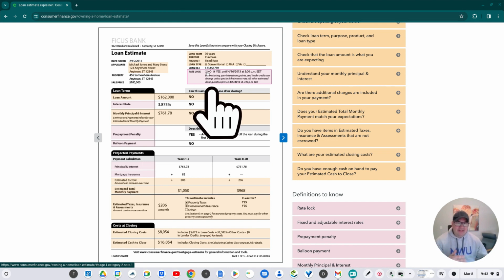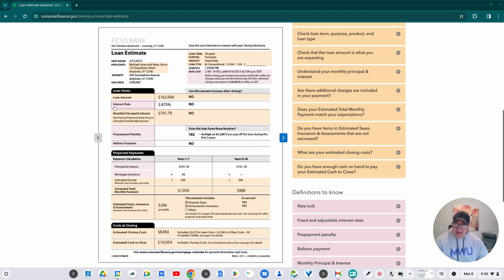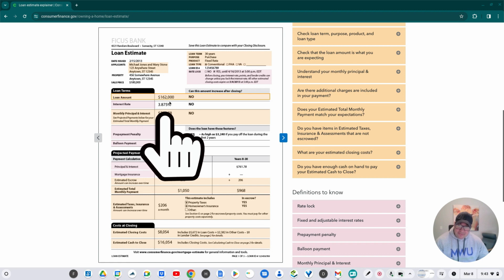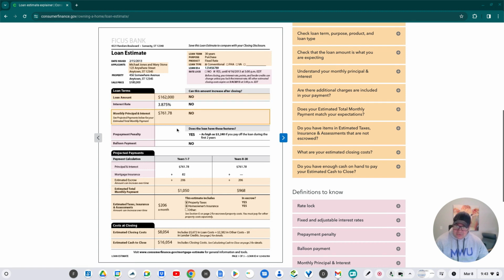It's not always intentional, but just be aware that until the rate's locked, it's not official. So again, on the first page is whether the rate is locked, and the interest rate is here.